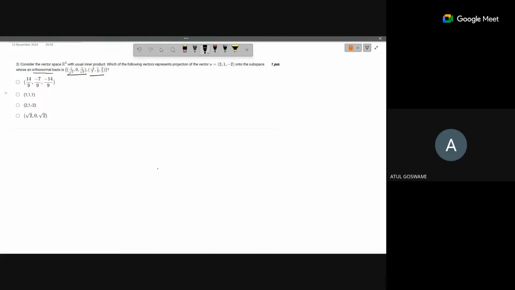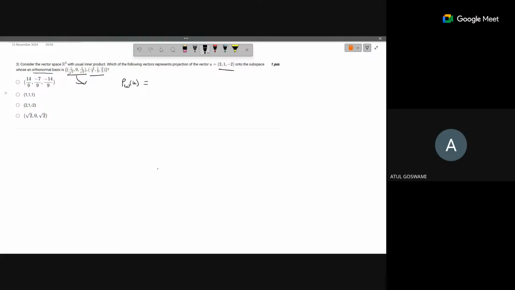When the bases are orthonormal, what is the projection on the first vector? Suppose that projection is p on W of u. This is given as the projection on the first one plus the projection on the second one.